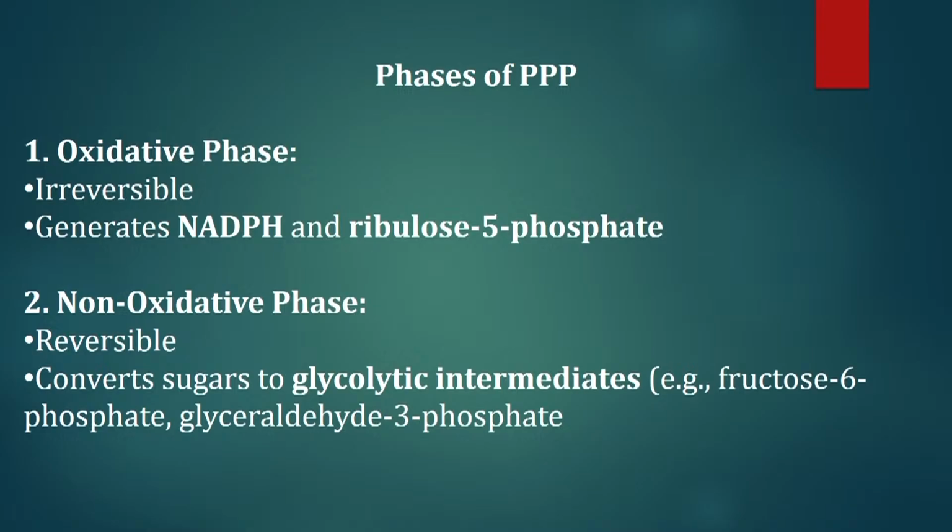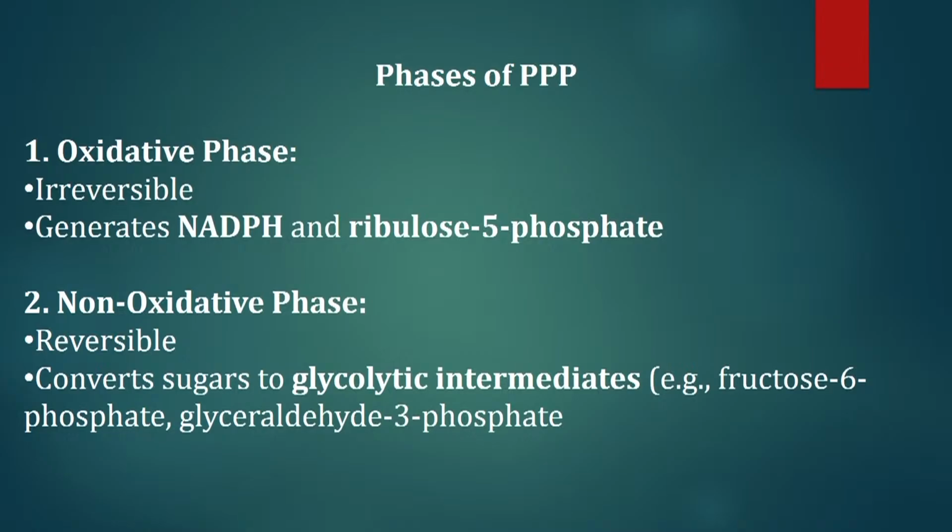And the non-oxidative phase is the reversible phase. What do we mean by reversible phase? It is the phase where the product and the reactant are interconvertible to each other.